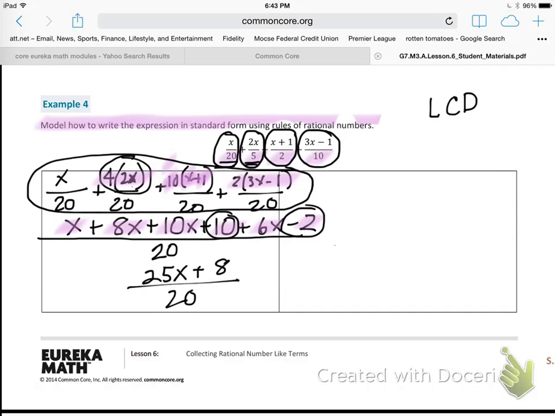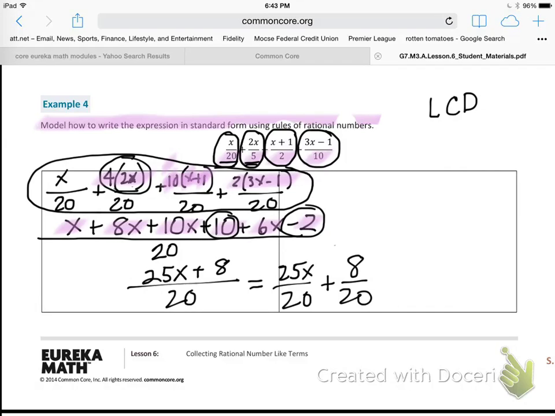So now we can treat this, as we will be doing in the next solution, as actually the same as 25x over 20 plus 8 over 20, because this is actually two different terms here.